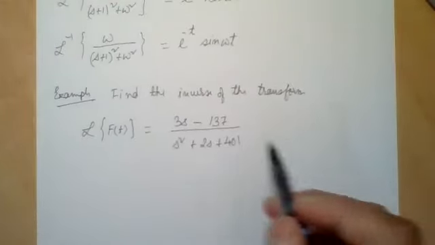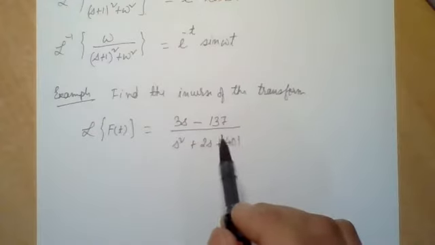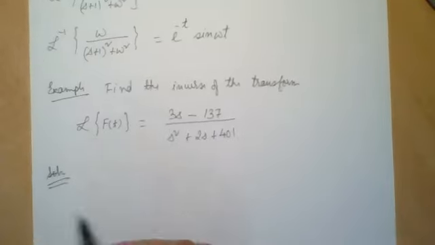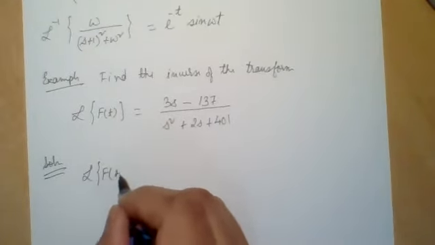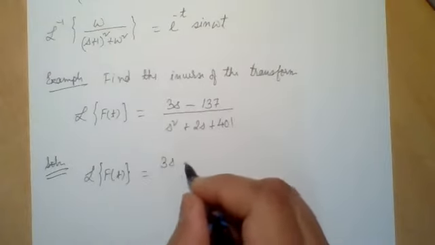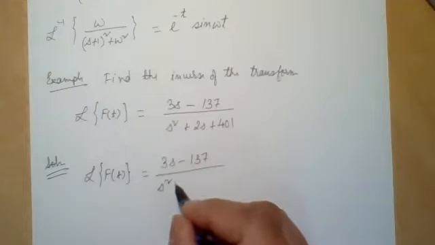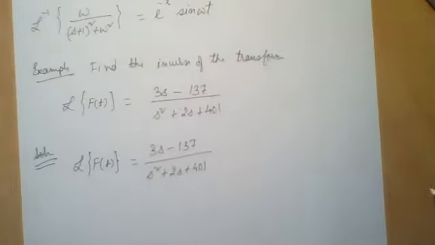So we have to find the inverse Laplace transform of this function. Solution. Here, the given Laplace transform is 3s minus 137 divided by s square plus twice s plus 401.